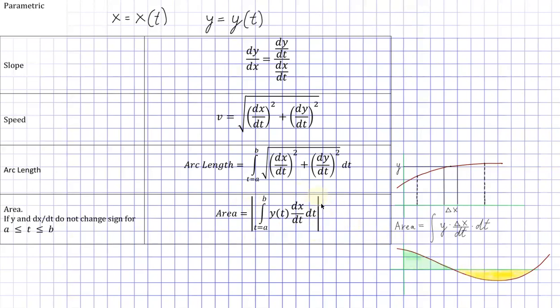These absolute value signs are saying that if you are calculating area, then be careful and take the absolute value if it happens to be negative. Obviously we need to take the absolute value of this negative value, but that's not always the case. So this formula might be a model for something different.